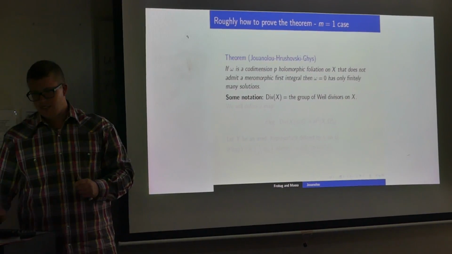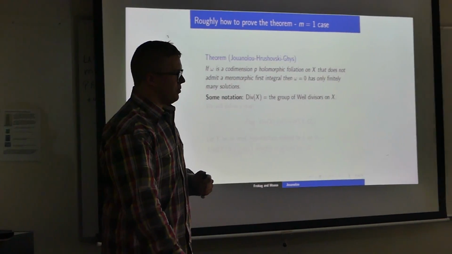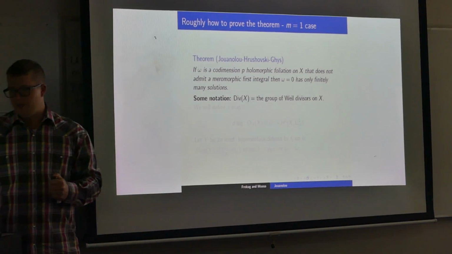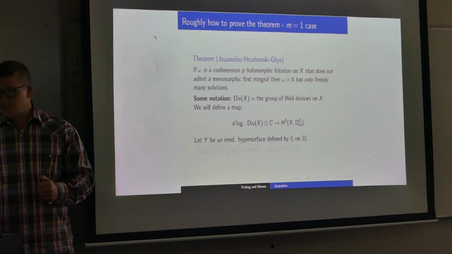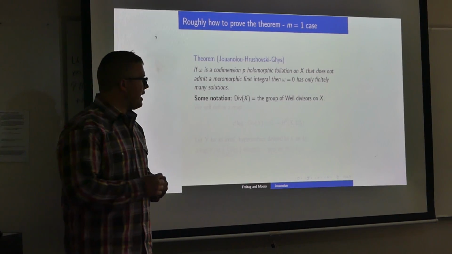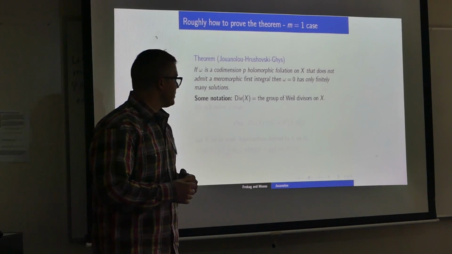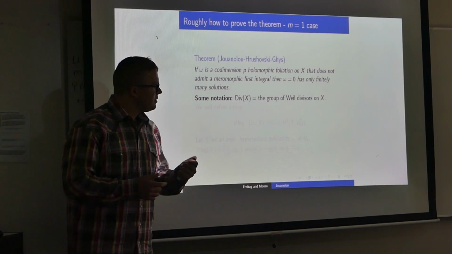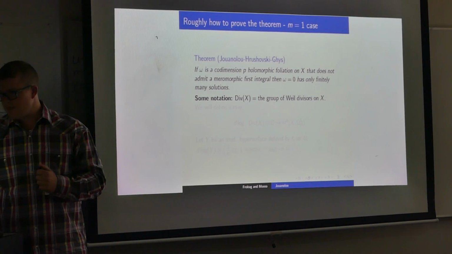So I'd like to talk about the idea of the proof, at least in the special case where m equals 1. Here's just some notation. By div X, I mean the group of Weil divisors on X. So I just mean formal sums of codimension 1 irreducible subvarieties.